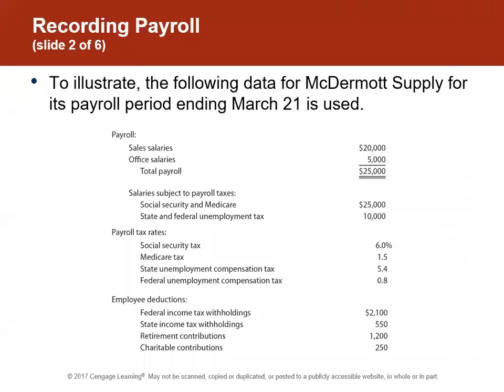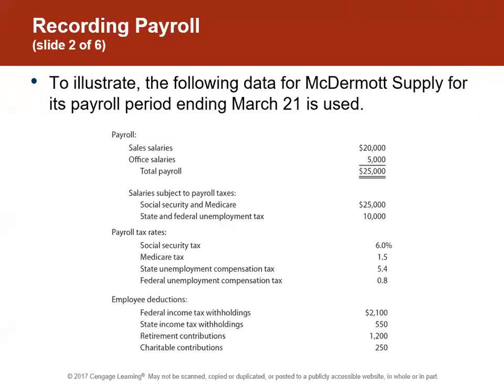And then it tells us how much of that is subject to Social Security and Medicare, as well as state and federal unemployment tax. The reason fewer salaries are subject to state and federal is we only pay state and federal unemployment on the first $7,000 of each employee's earnings. So the employer only pays unemployment on the first $7,000 of each employee. That's not saying how much it is, just how much is subject to it.